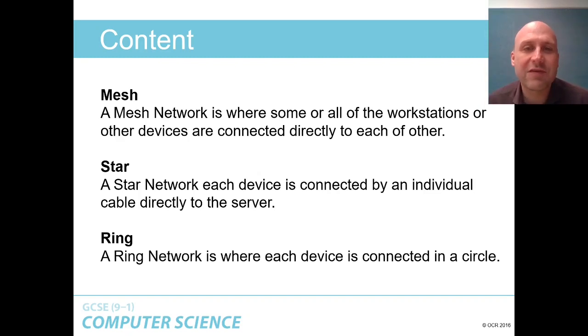So there are three main types of network topology that we're going to look at. There's actually a few more, but we're going to look at three. A network topology is about how you have connected these computers together, and I don't just mean cables or wires. I mean which computers or workstations or devices are connected to which other ones. Because, for example, on the internet, you are not directly connected to every single computer in the world.